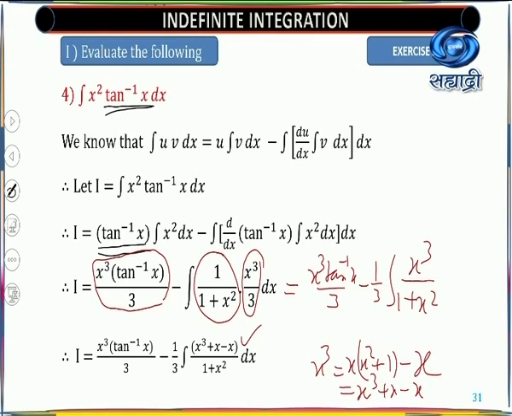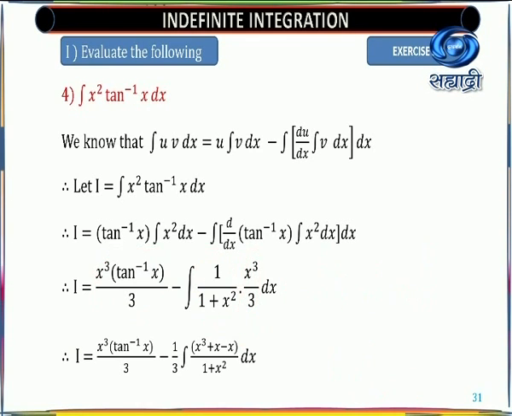So this way you need to take the decision what you want on the numerator. This is your thought process. I am giving you the completely worked thought process of what way you will integrate.